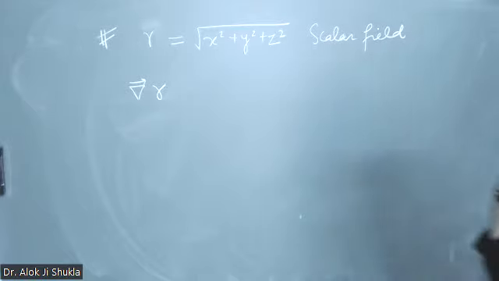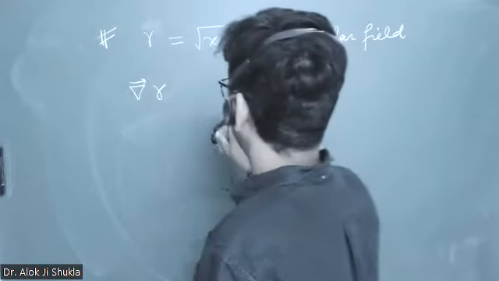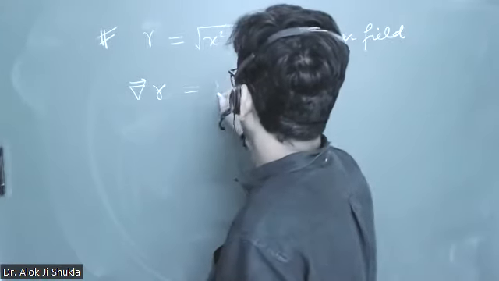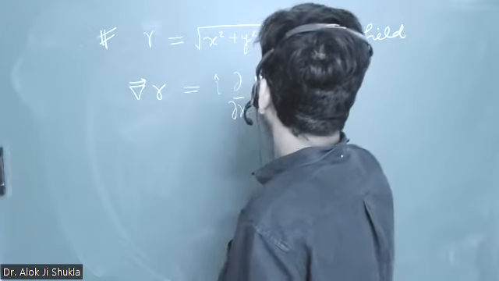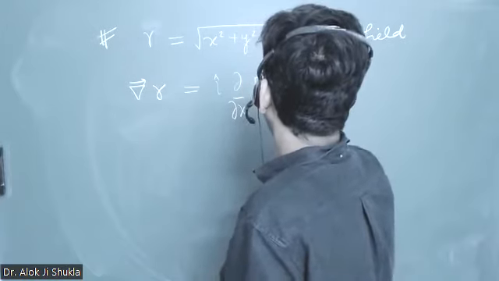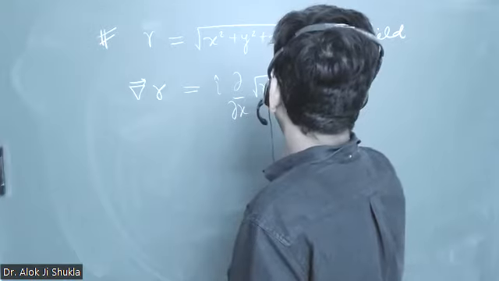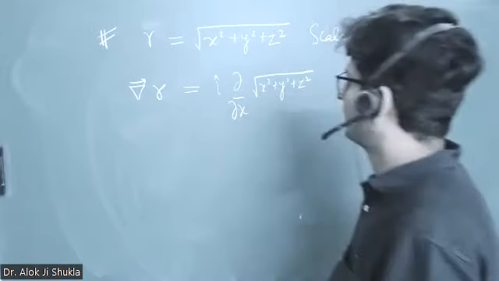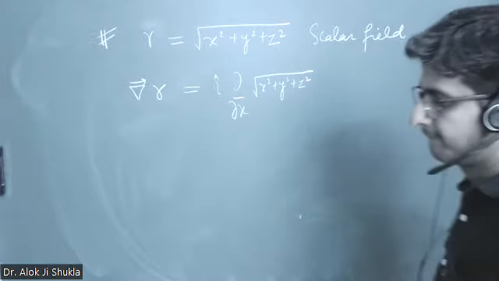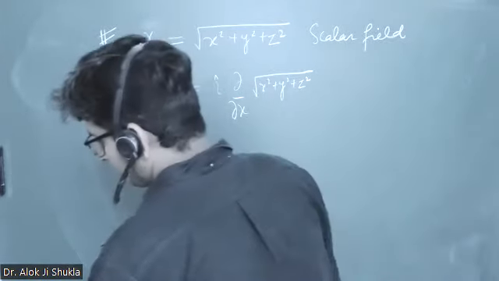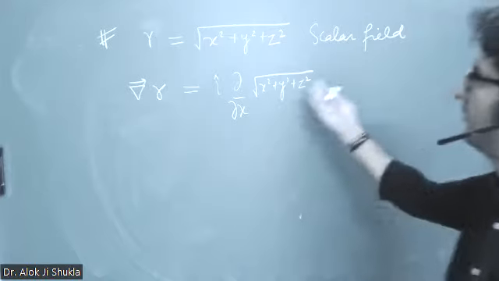So calculate करना. It will be i cap del by del x of अंडर रूट एक्स स्क्वायर प्लस वाई स्क्वायर प्लस जेड स्क्वायर. आगे जाके मैं और सिंपल फॉर्मूला बताऊंगा, बट लेट अस डू दिस. फील्ड इज सो सिंपल ना. What is this field?